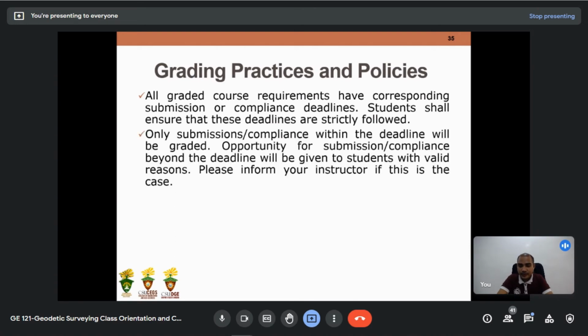Only submissions in compliance within the deadline will be graded, no? Opportunity for submission compliance beyond the deadline will be given to students with valid reason. Example, for valid reasons, kasakit, so dapat mag-present og medical certificate, or nabagyuhan, nabahaan, no, kanang mga uncontrollable nga mga events.